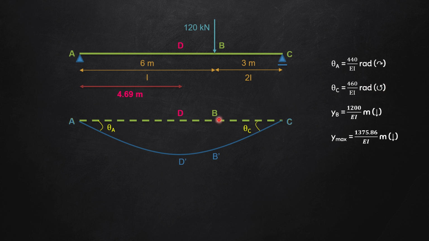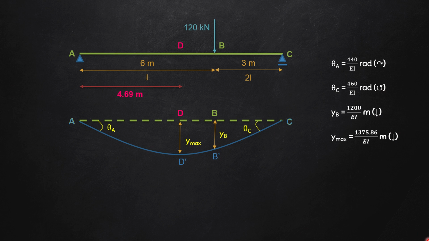B to B dash is YB, in the downward direction, and D to D dash is Y max, also in the downward direction, again matching with our answer.